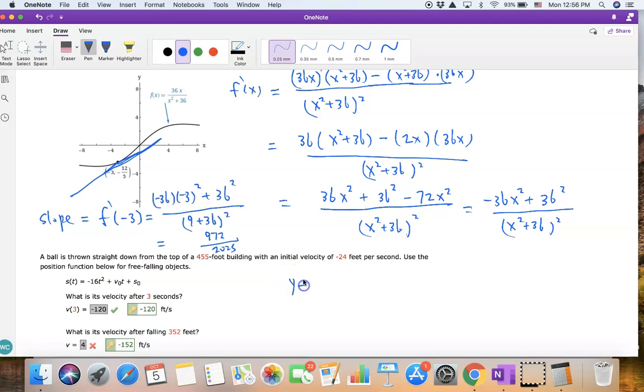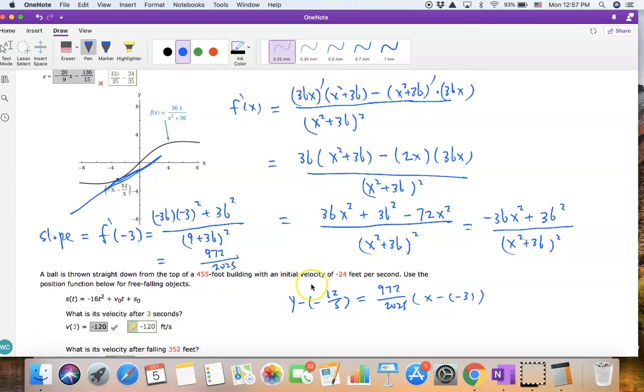The point gives us y minus -12 over 5 equals 972 over 2025 times x minus -3.